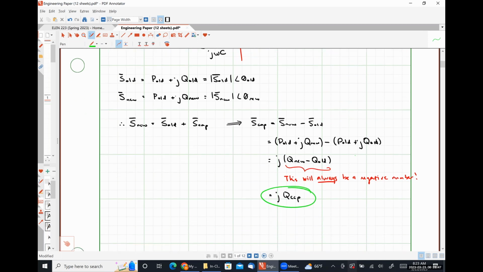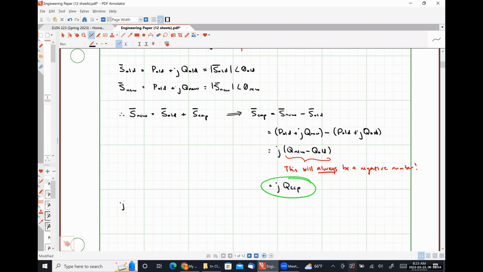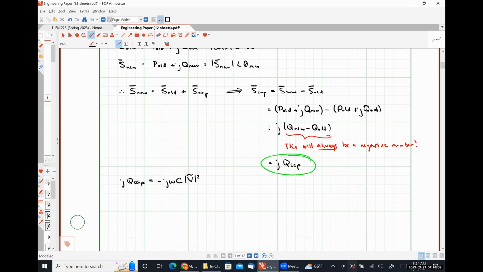Right? So we have JQ cap is equal to negative J omega C times the magnitude of the voltage drop across our capacitor squared.